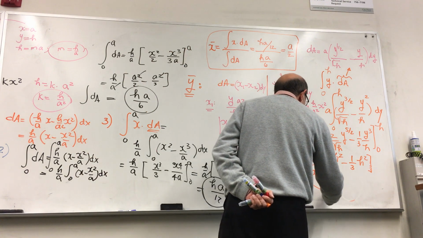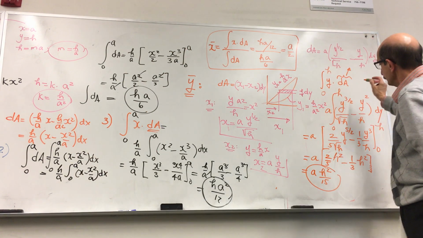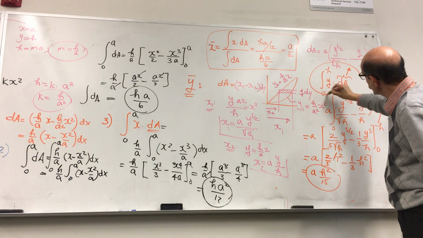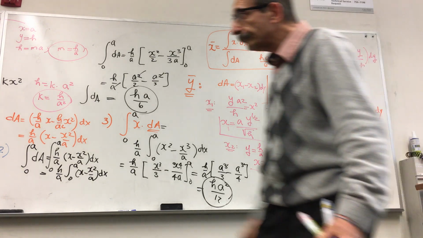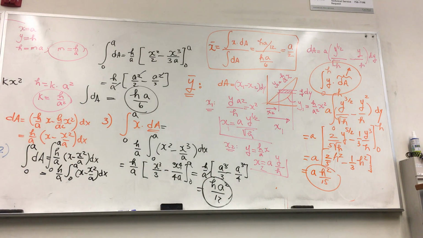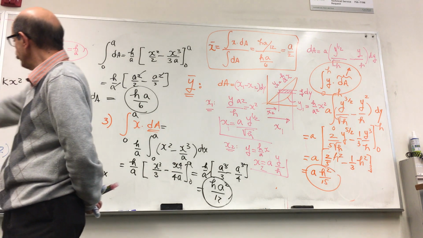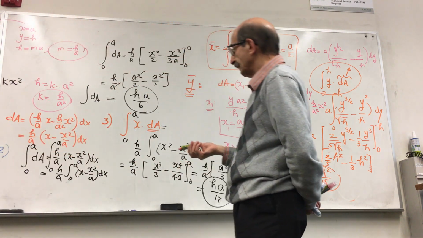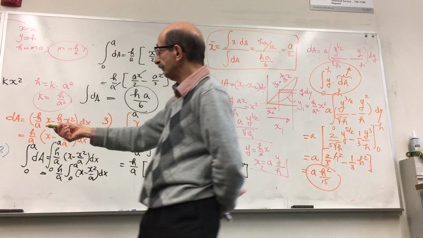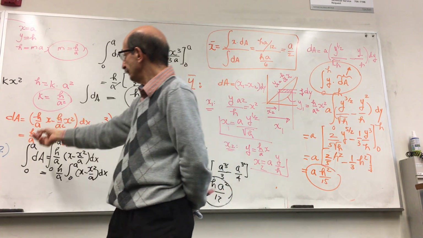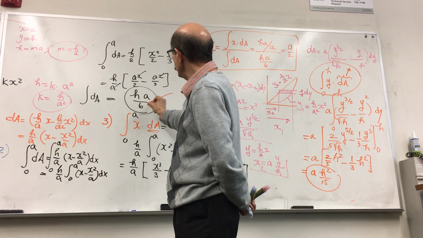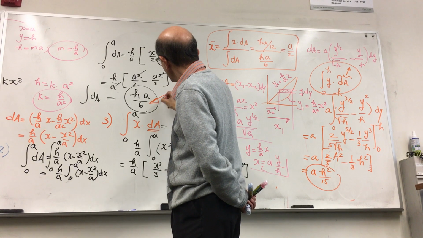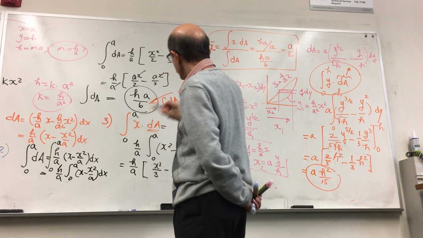So this is this integral. In order to find y bar, you just need to divide that by the total area, which you had already evaluated from step 1. We have that here. This was the integral of dA, which we have found, so this is the integral of dA, or the total area.